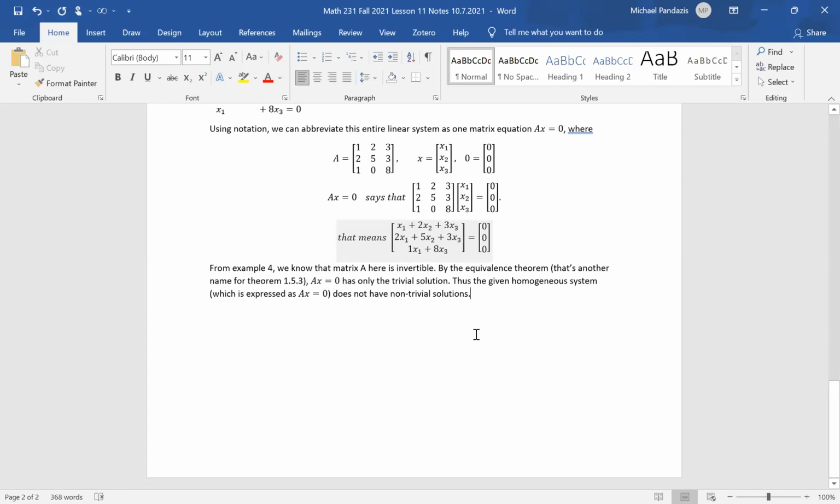If it has only the trivial solution, it does not have non-trivial solutions. It's two negatives.